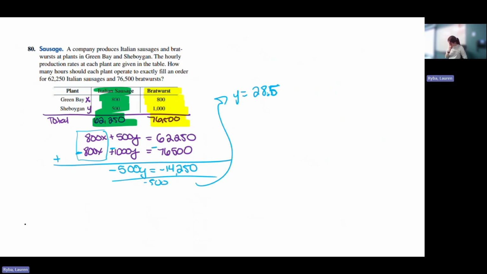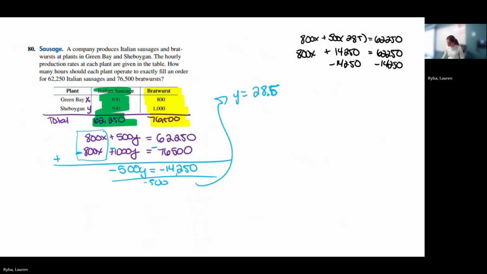And we'll take that and plug it back in. Let's do the top one. 800x plus 500 times 28.5 equals 62,250. Okay, 500 times 28.5 is 14,250, which I'm going to subtract. 62,250 minus 14,250: 800x equals 48,000.